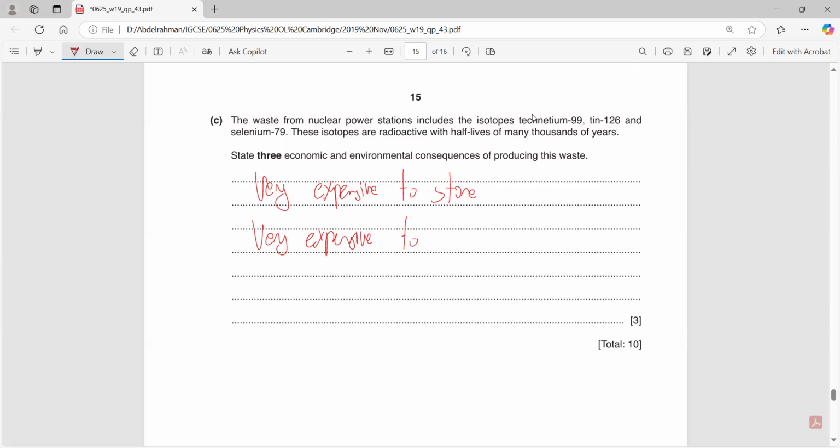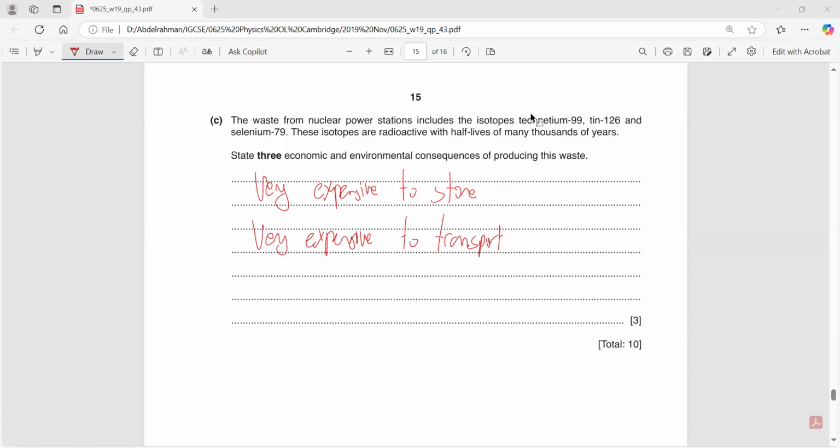Very expensive to transport. They have to be stored in very expensive stores or very expensive shielding, lead and concrete shielding.